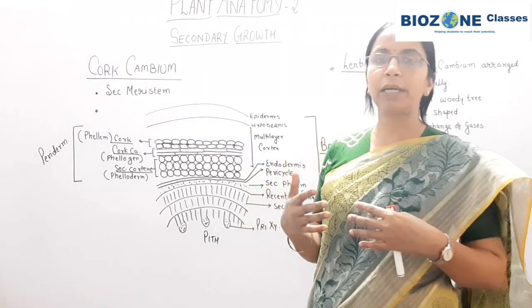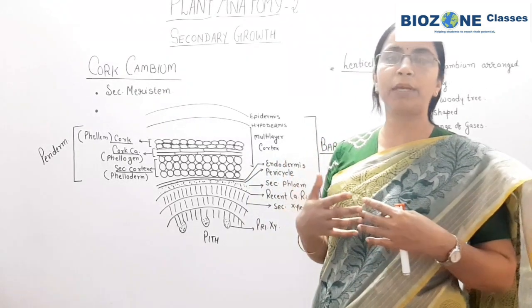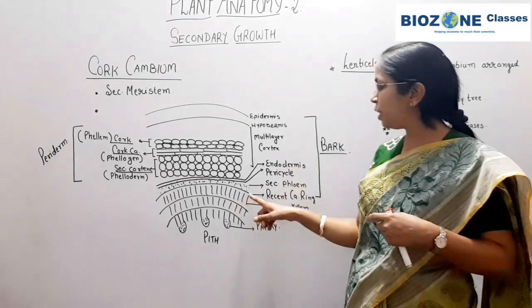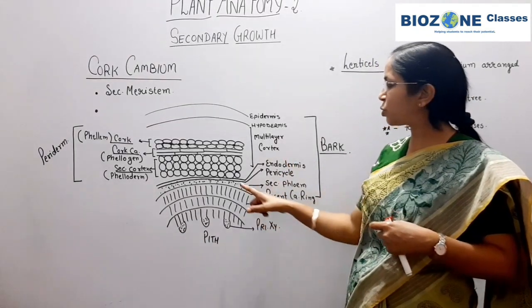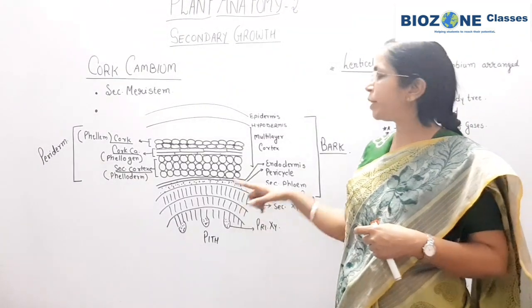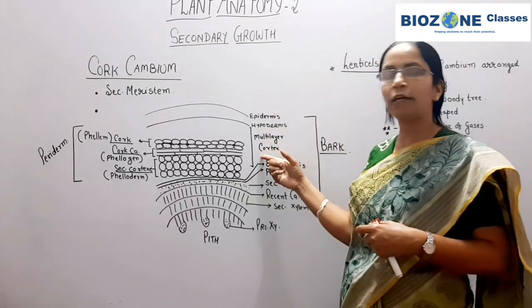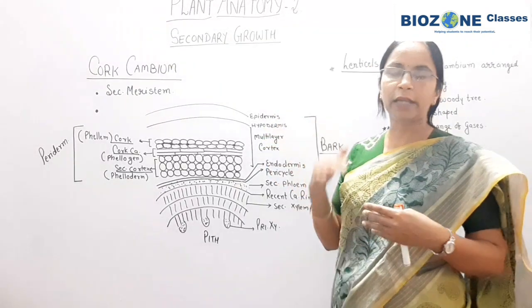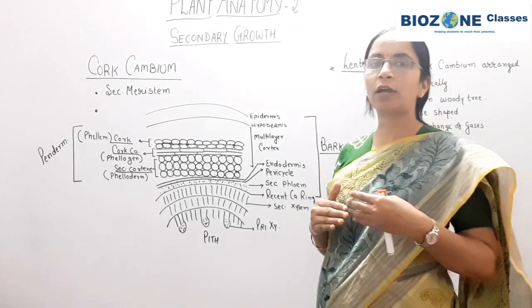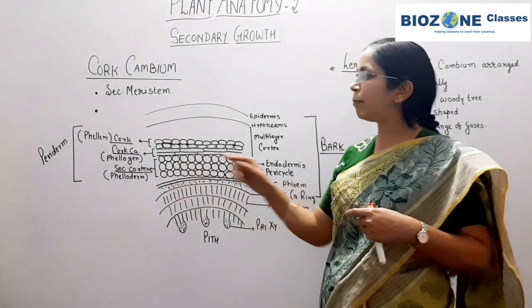So remember that when a large number of cambium rings are formed year by year, then when these cambium rings reach the level of pericycle and endodermis, they start to rupture the layers of the cortex. So to protect the cortex from the effects of the cells of the cambium ring, another cambium is formed.